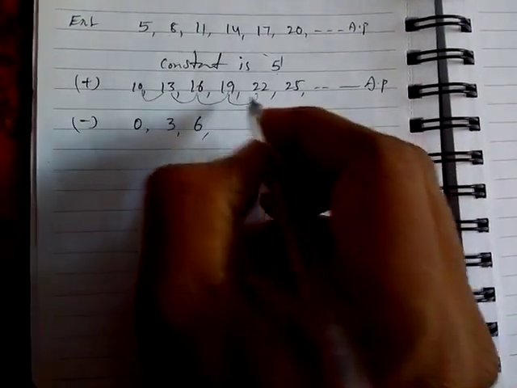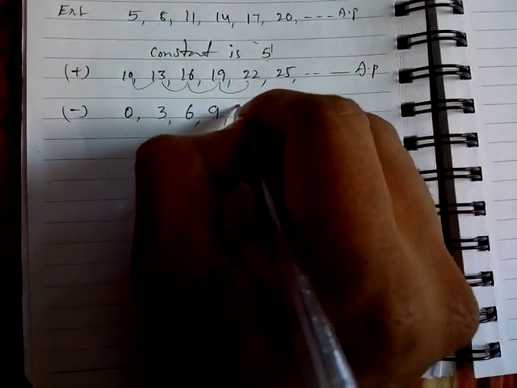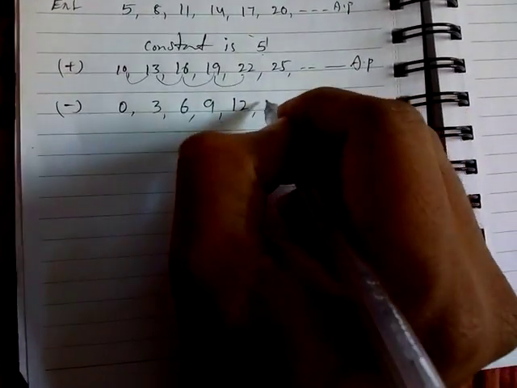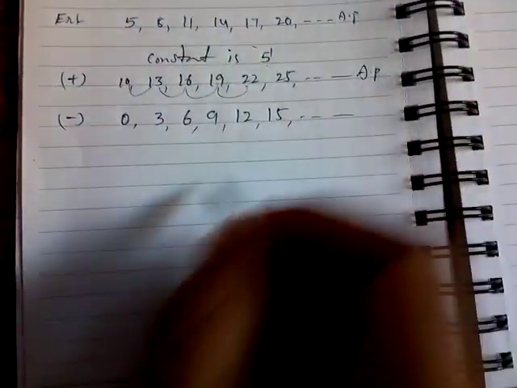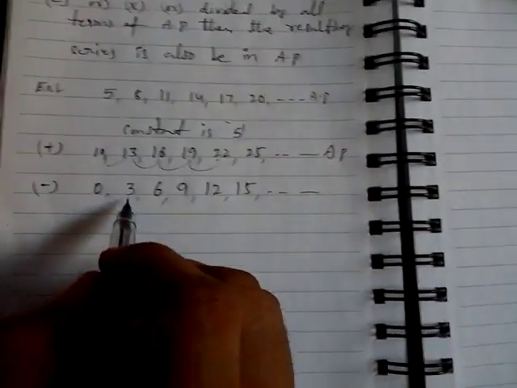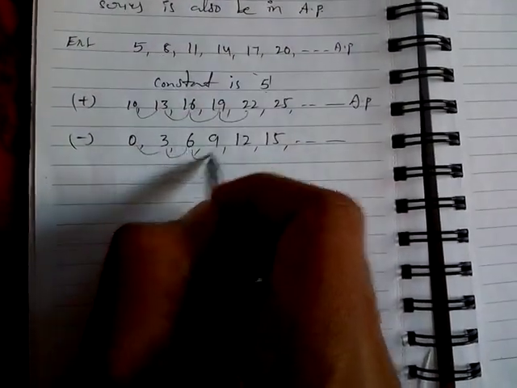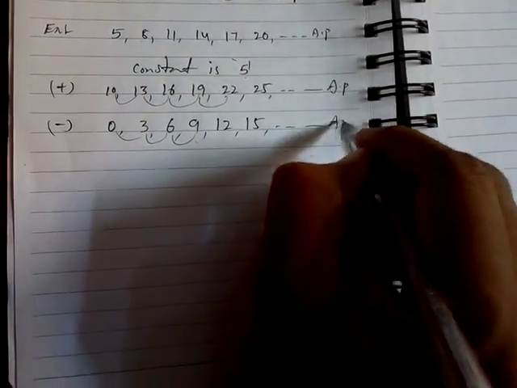If you subtract 5 from each term: 0, 3, 6, 9, 12, 15. Here also the common difference 3 is there. So this is also an AP series.